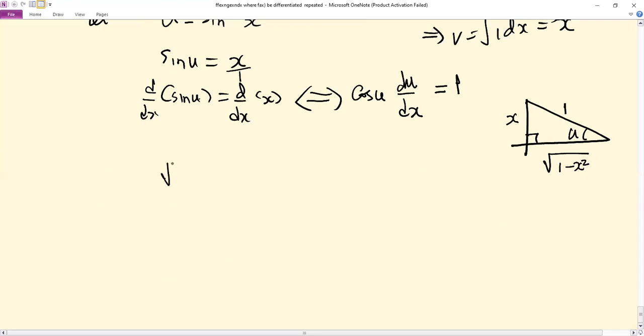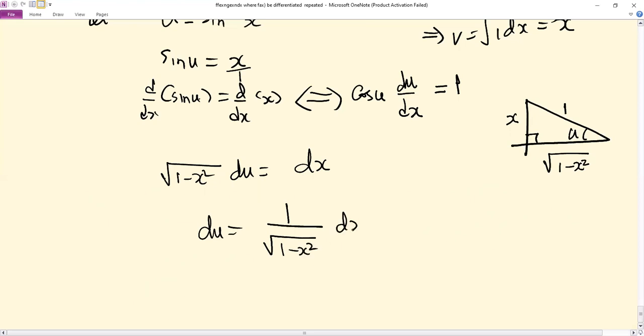So we have square root of 1 minus x squared du, then you multiply through by dx, so we get dx. Which means du will be 1 over square root of 1 minus x squared dx.